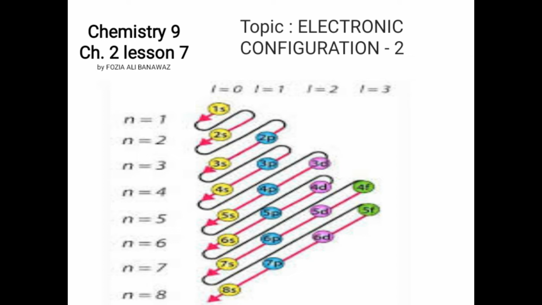So, electronic configuration is the art of distribution of the electrons present in any atom into different orbits and in different suborbits or subshells. So here we see all the time we are following a pre-decided order, which is also known as Aufbau principle.